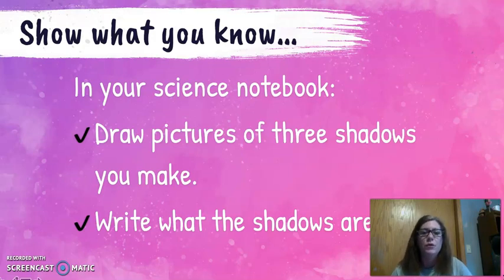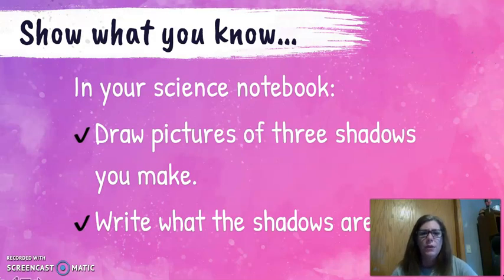So for example, I would label the picture of the hand shadow, I would write the word hand next to it. And remember, I'm not worried about how things are spelled, just sound it out the best you can, and just add that label to your science notebook so that you are writing down what your shadow is of.